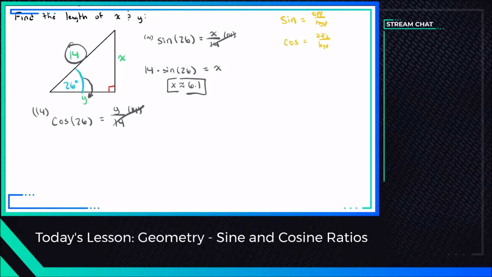Those are going to cancel, and we're going to get 14 multiplied by the cosine of 26 is equal to y. Just like last time, you can go to the calculator on Google or take your calculator, turn your iPhone sideways, and you'll see this cosine function. Take 14 multiplied by the cosine of 26, and you're going to get y is approximately equal to 12.6.